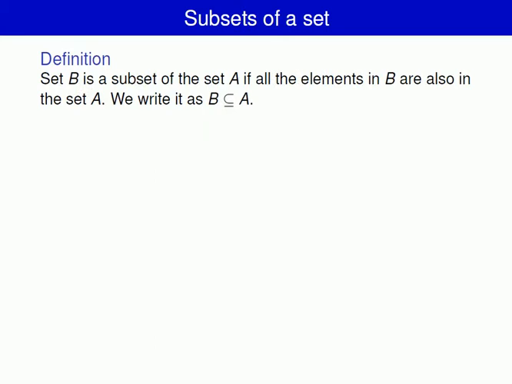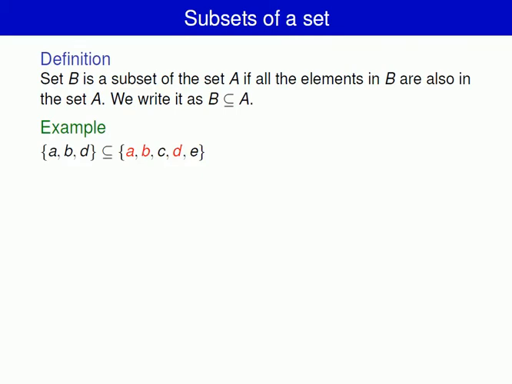Let's talk about subsets of a given set. We say B is a subset of A. Make sure you know the order of things we're discussing. B is a subset of A if every element in B is also in A. The notation for B is a subset of A is given here. And here's an example.